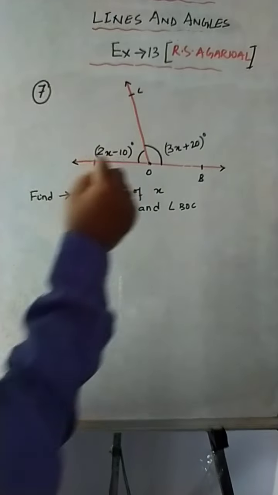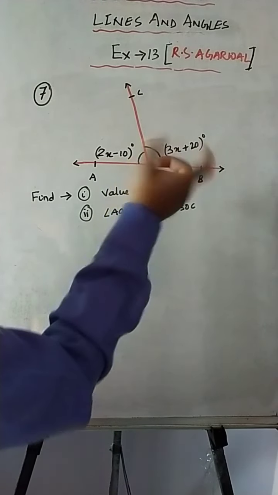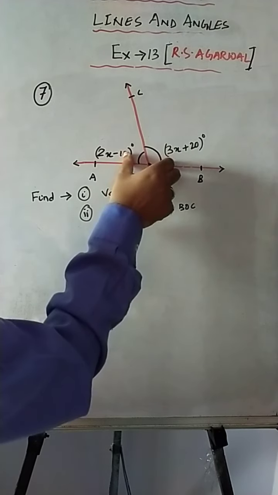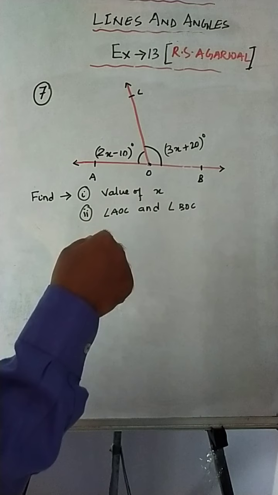So if you add up these two angles, and the sum is 180 degrees, then these two angles are a linear pair, isn't it?